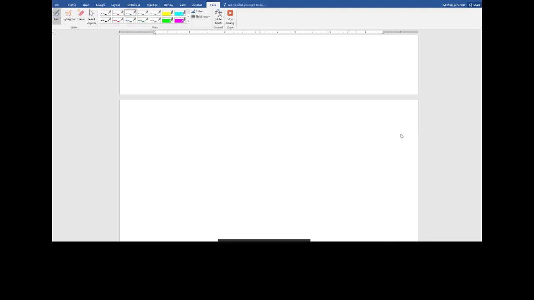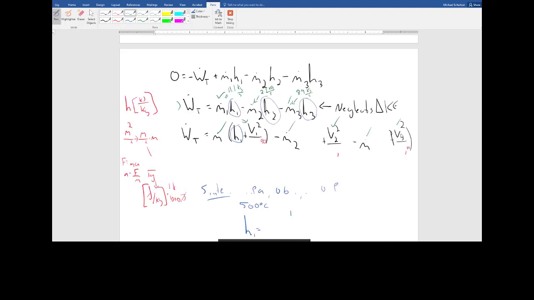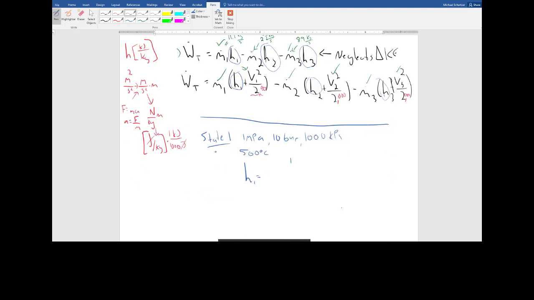Okay, so let's get that all back up here. H1, this one was superheated vapor. H1 was 3,478.5 kilojoules per kilogram.